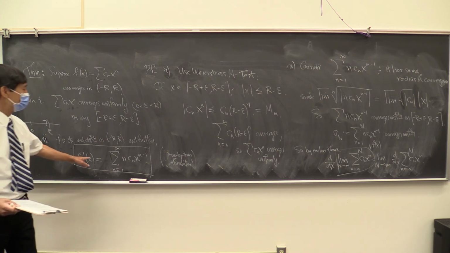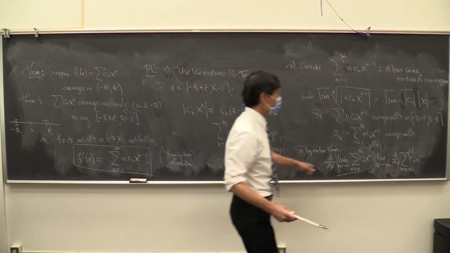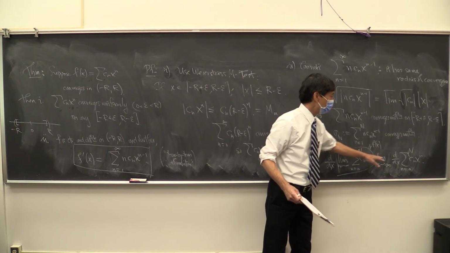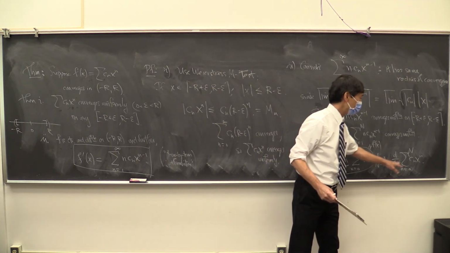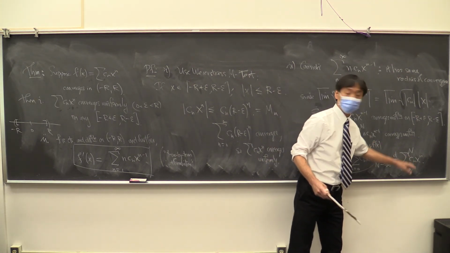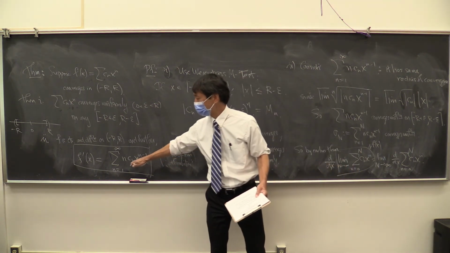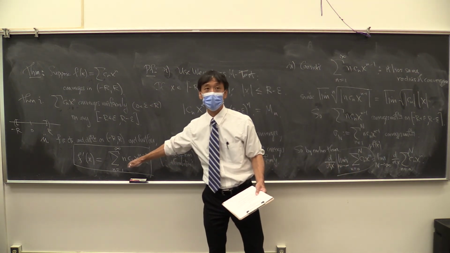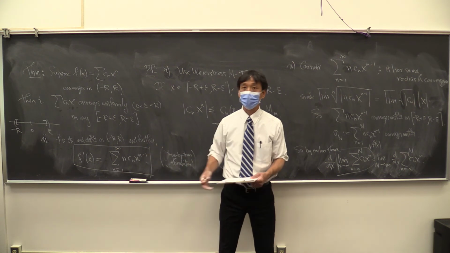The derivative of the limit, which is the function, the derivative of the function equals the limit of the partial sum sequence of this series here. In other words, it's this series.